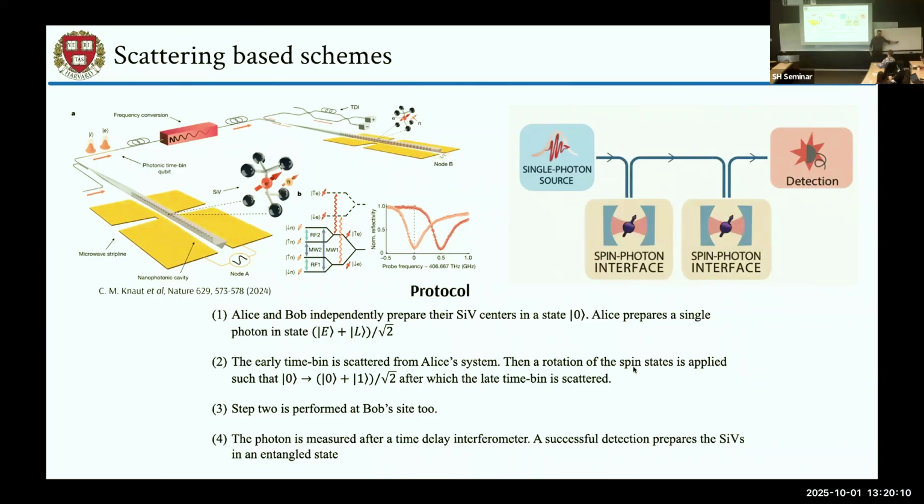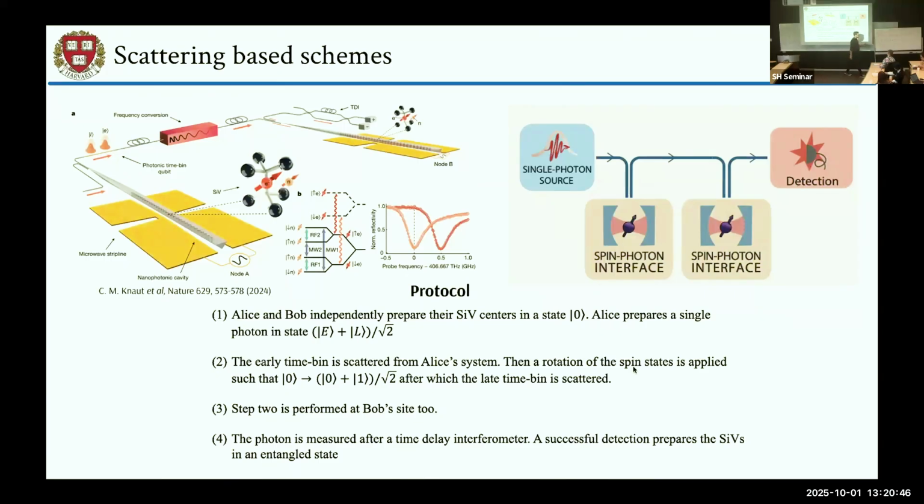The late one gets a phase if the spin is in 0, doesn't get a phase with 1. And I don't care about a global phase. Just do it like this. And I'll say this is the same as early plus late minus. So I entangled my photon and my spin now, right?